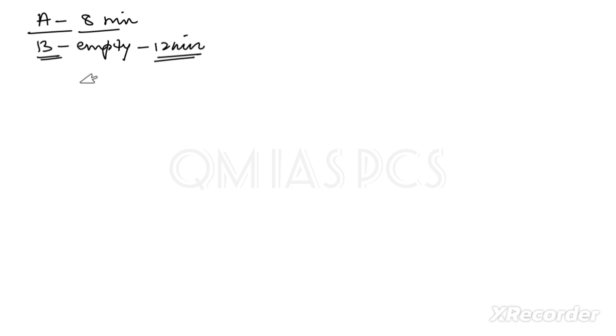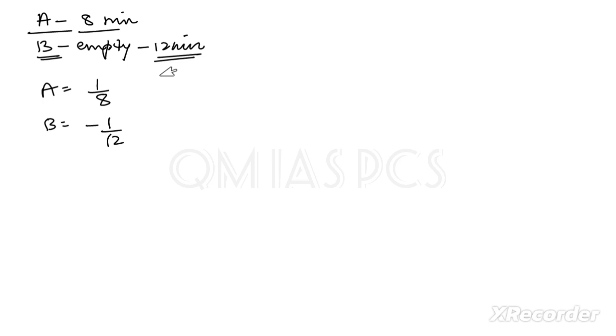So we will solve through both methods. For A, the efficiency will be 1 by 8, like 1 by 8 part of work can be done in 1 minute. For B, it will be minus 1 by 12, because B is helping in emptying the tank.